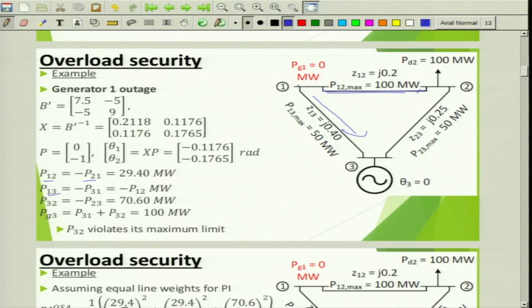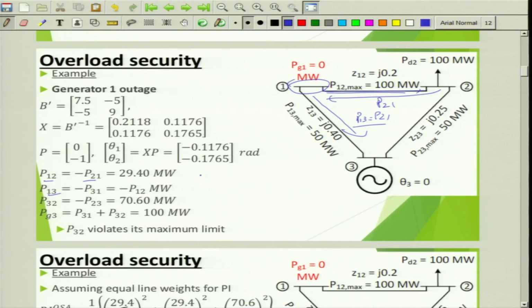That means let us say this is 0 megawatt. In case this power has to flow, that means P21, power flowing from bus 2 to bus 1, this will eventually be supplied to bus 3 via this route. So P21 is nothing but P13. There is no difference between them. So that's why you get this number.